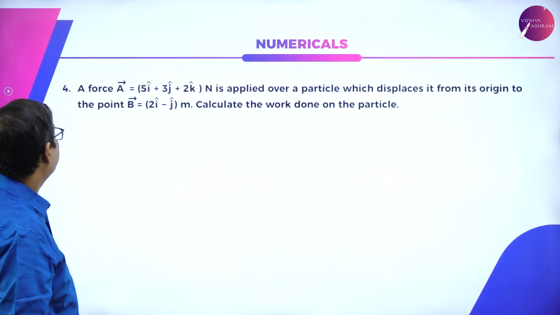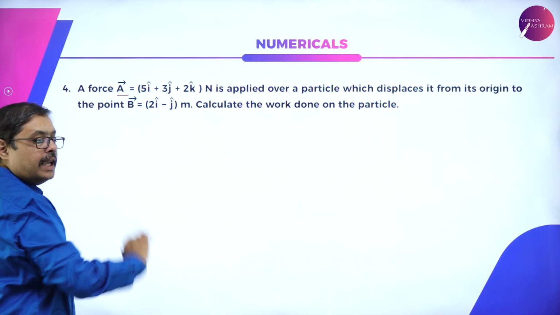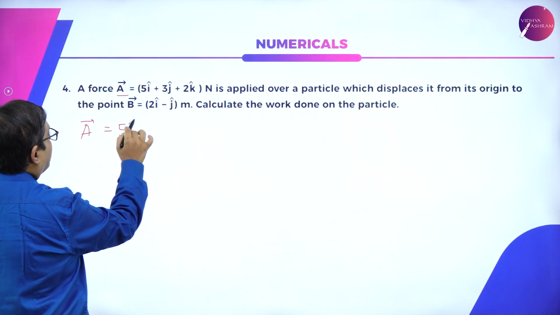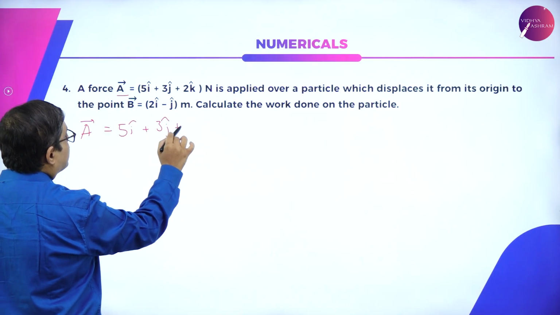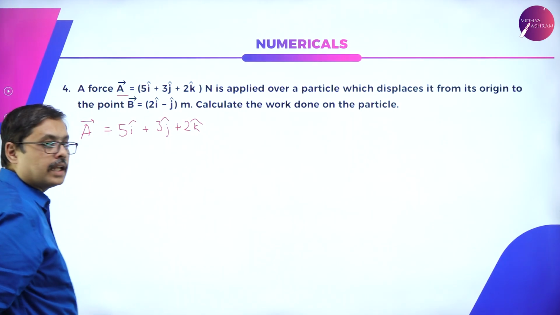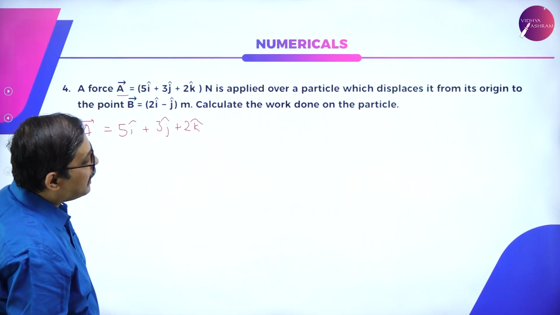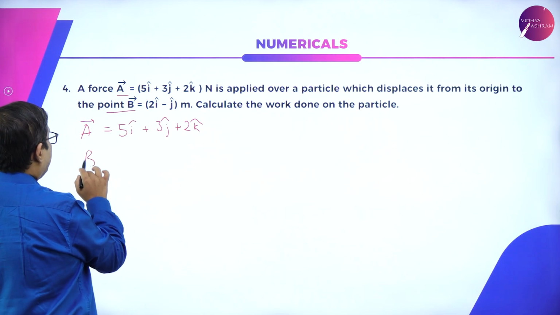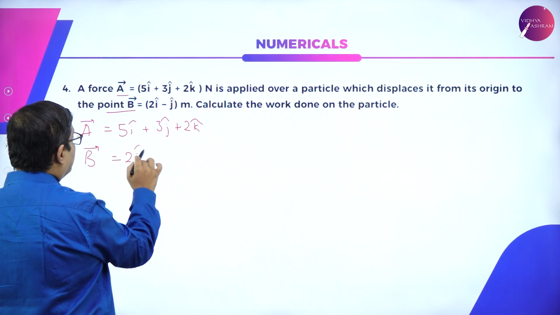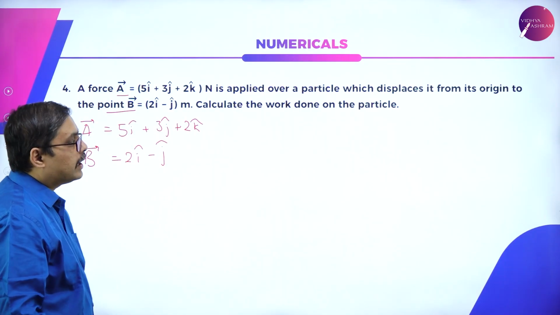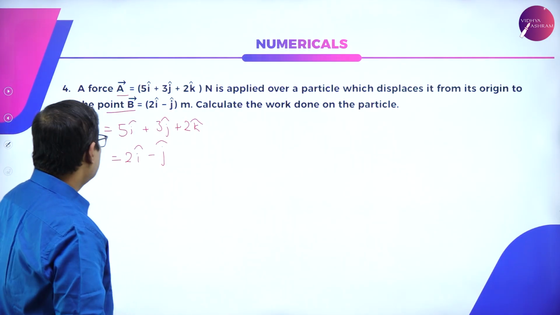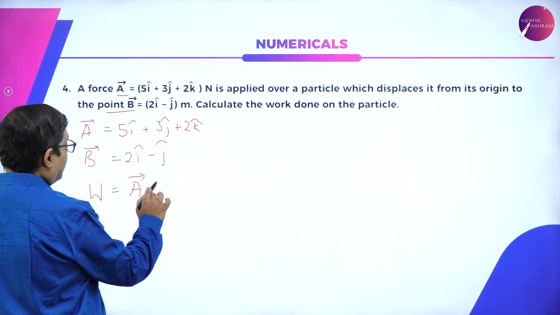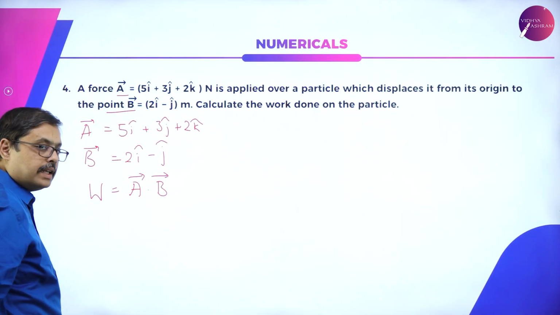Let us check another problem. A force A is given by 5 i cap plus 3 j cap plus 2 k cap. This force is applied over a particle which displaces it from its origin to point B. This point B is given by the vector 2i cap minus j cap. Calculate the work done on the particle. We know that work done is given by the scalar product of force and displacement, which is nothing but A and B in this case.